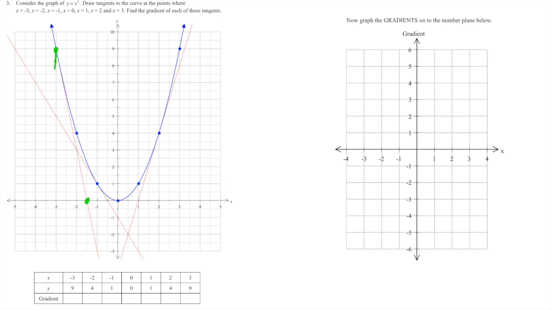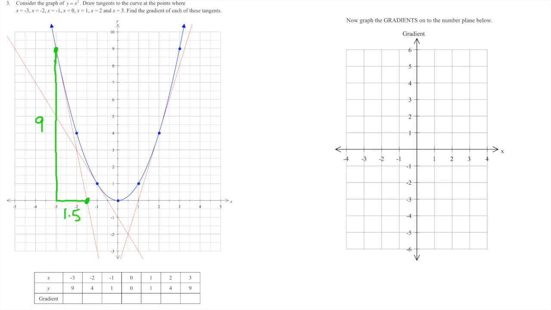I'm going to use this point here. So I've dropped down and I've gone across. Now the rise, if I look at it, I've gone from there up to there, which is equivalent from 0 up to 9. So the rise is 9. And the run is from -3, that's -1.5, that's 1.5.